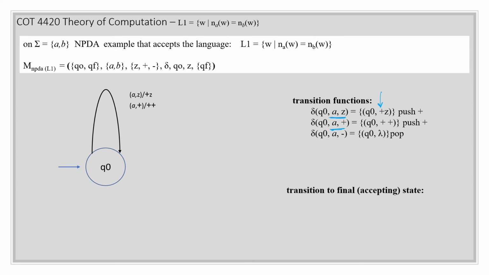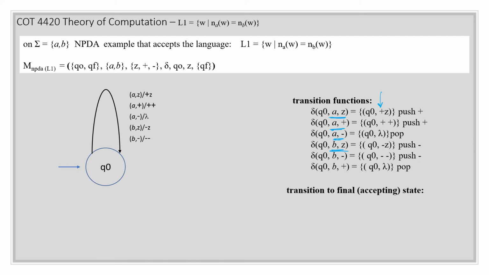We have an A and there's a minus. We're not going to push anything. We're just going to pop that minus right off. If we have a B and it's the first symbol, we'll push the minus. Push minuses with B's. And if there's a plus, we'll pop it off. And then we can take our final transition to our final state.